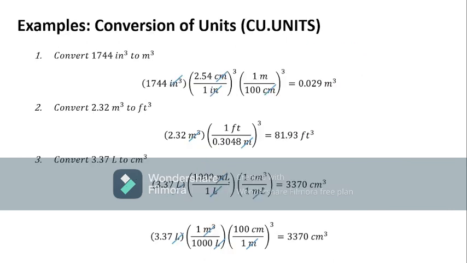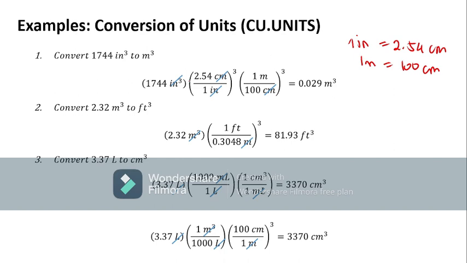So, here another, convert 1,744 cubic inch to cubic meters. So, gawin natin, walang direct conversion ng cubic inch to cubic meters and wala ring direct conversion ng inch to meters. So, for every 1 inch, equivalent siya sa 2.54 centimeter, and for every 1 meter, 100 centimeter.